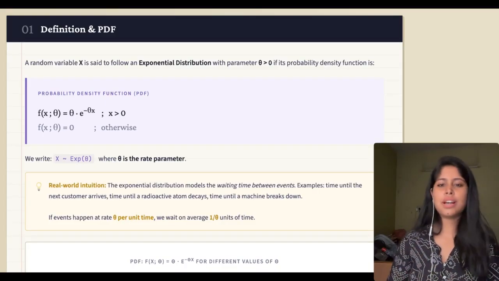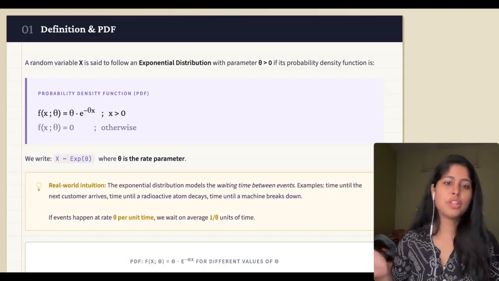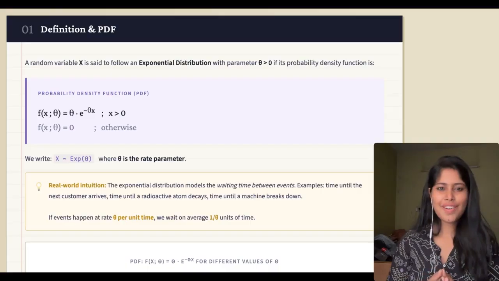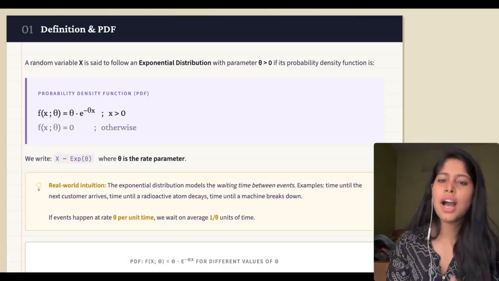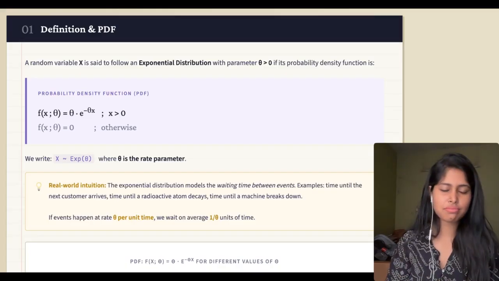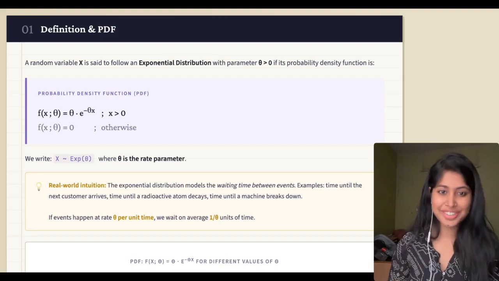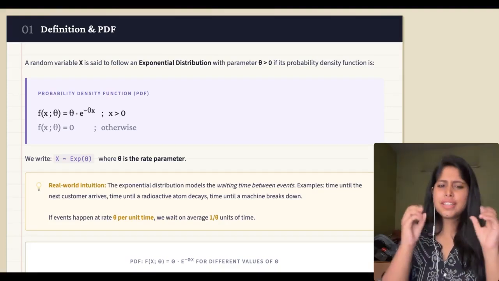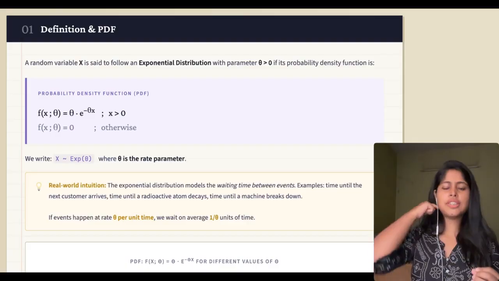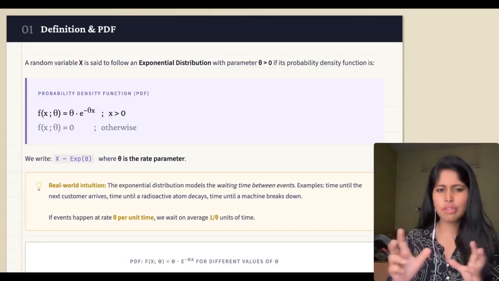Suppose the examples are: how long until the next customer arrives at a shop? Or the next example can be: how long until a radioactive atom decays? And the next example can be: how long until your phone battery dies? Now, do you find a little bit of similarity between these questions and the Poisson distribution's examples? It does have a link, right?